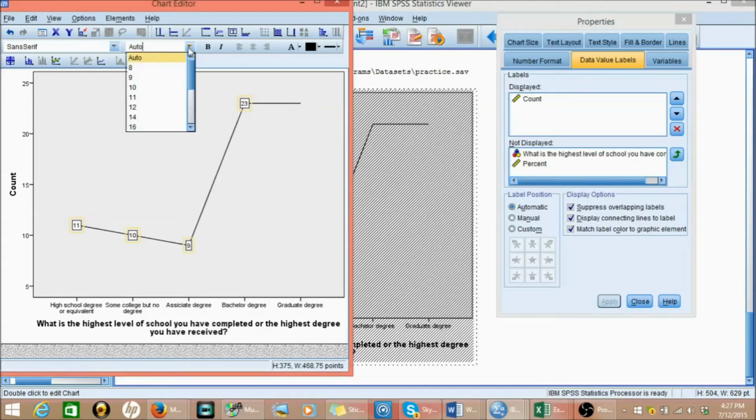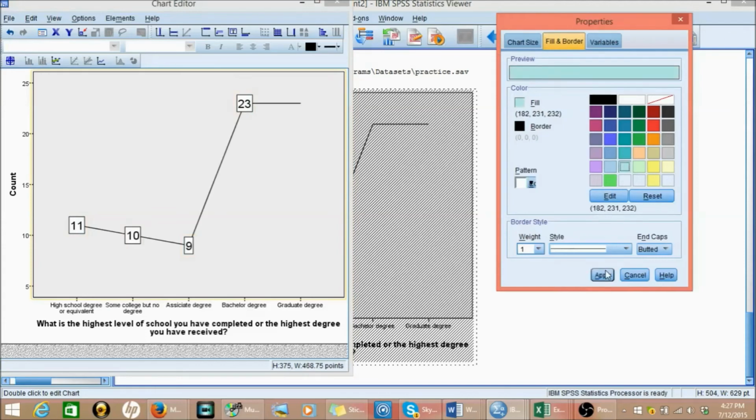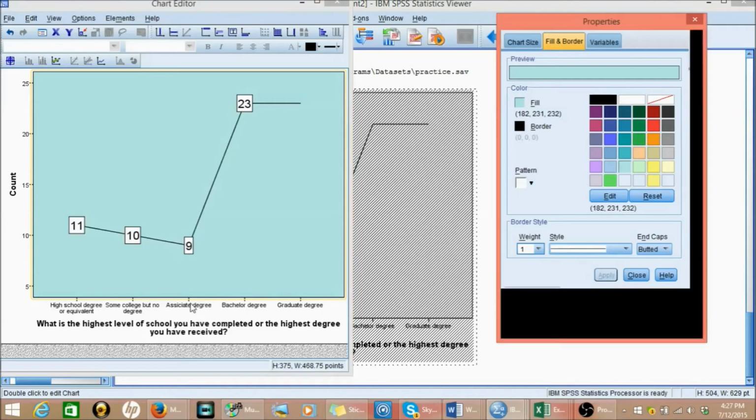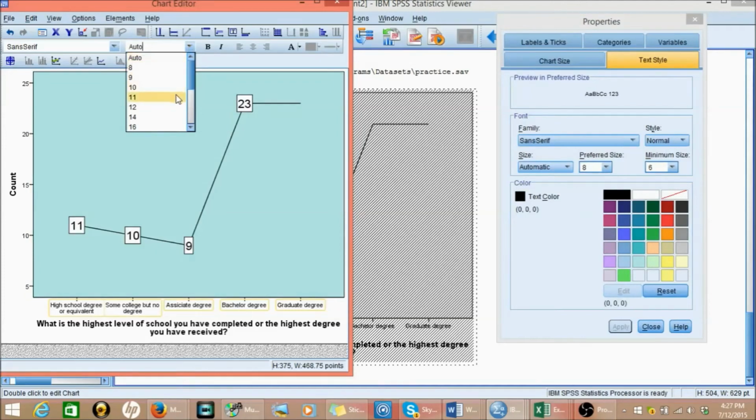We can make them a little bit bigger. We can take the background and make that a little bit nicer color. And then these words are awfully small. Remember, we're going to shrink this when we get it to the Word document, so we might want to make these a little bit bigger.